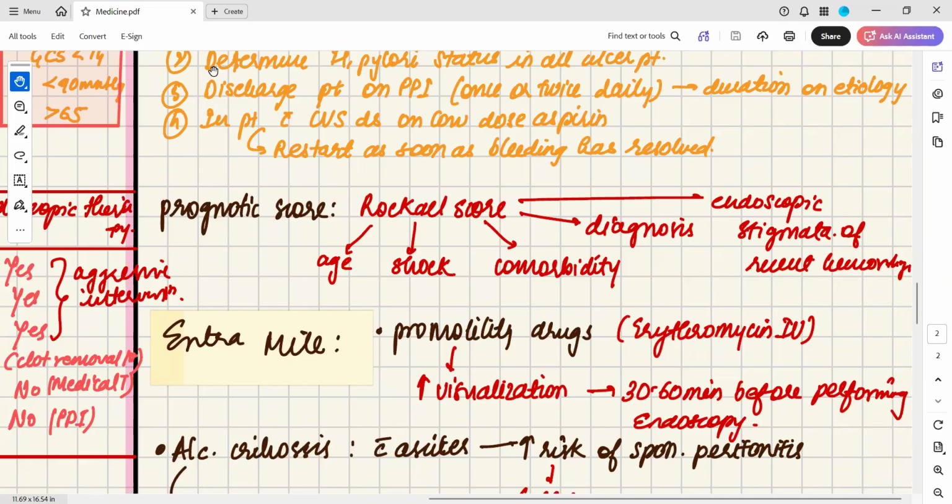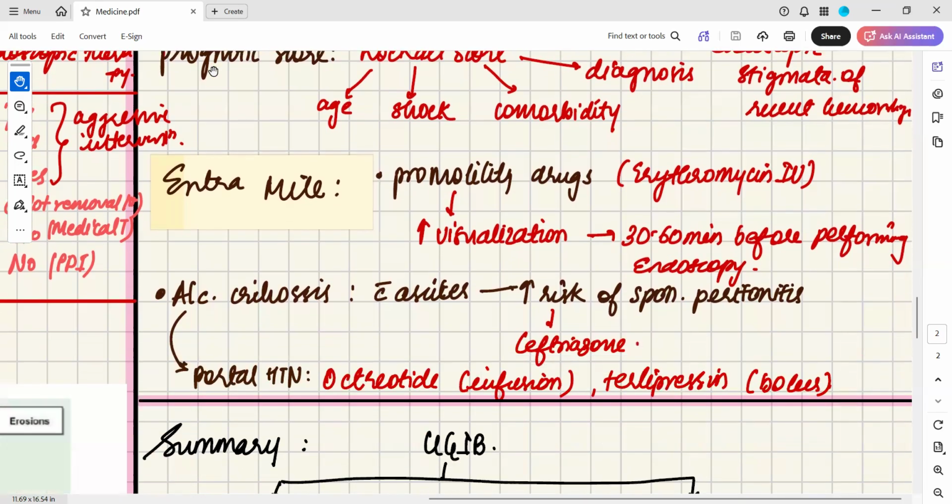And if the patient has portal hypertension or the cause is variceal, then we also have to give the patient octreotide and terlipressin, because we have to decrease the portal hypertension.